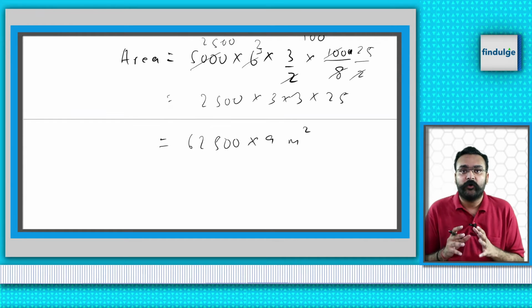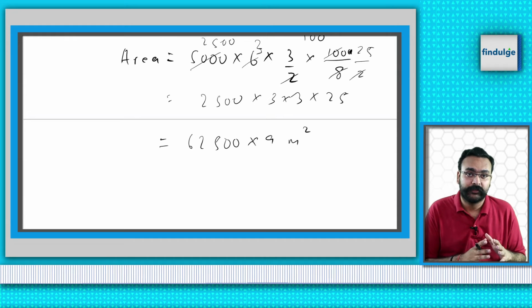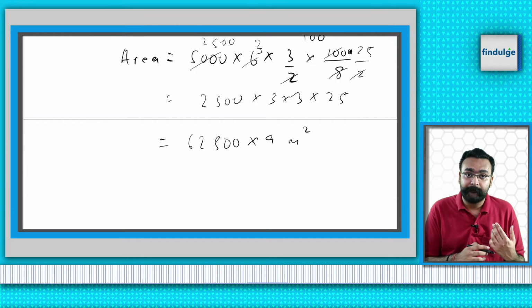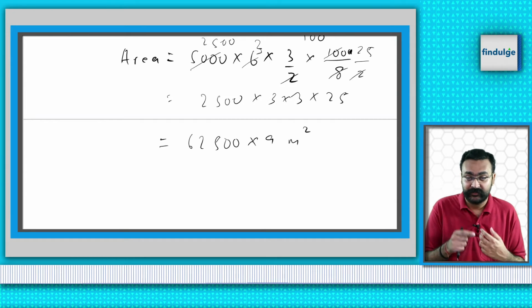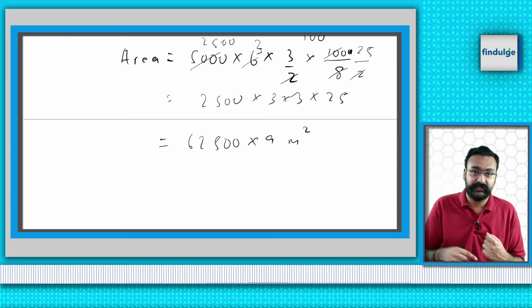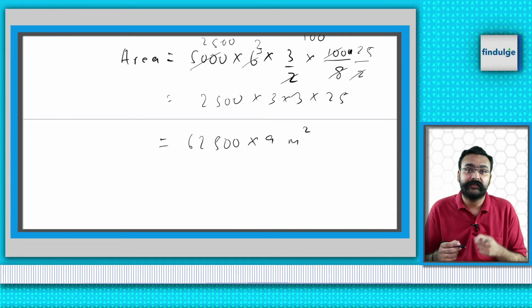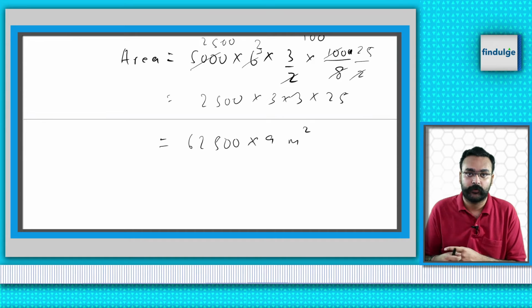So this is how you will deal with questions that involve flow of water. Whatever the medium the water is flowing through, you find its area of cross section, which, like I said, here was the breadth and depth of the canal. In questions with a pipe, it will be the diameter, the radius of the canal, and therefore the circle that is there. For the length, you will look at the speed of the flowing water and how much time the water flows for.